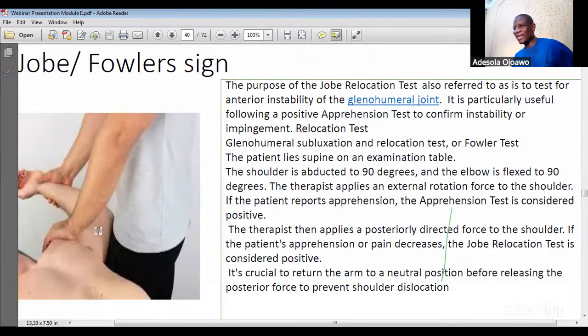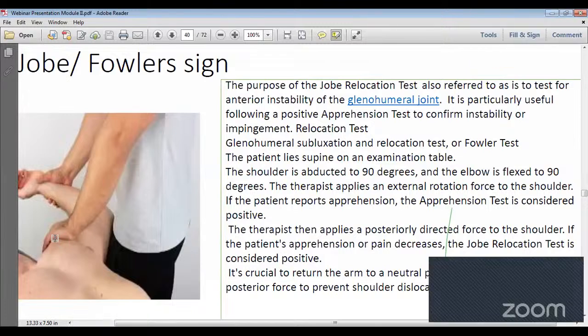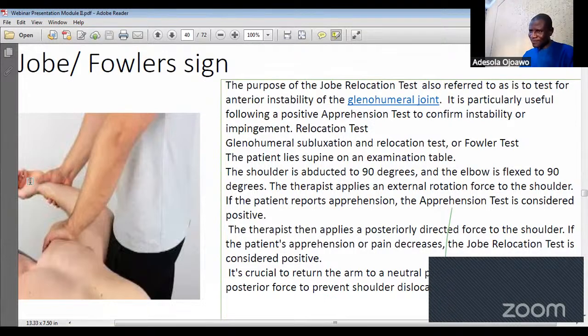I think you are seeing the hand of the man. Yes. This is the hand that gives external rotation, right? If we find the patient to be apprehensive, you try now to apply a posterior force.